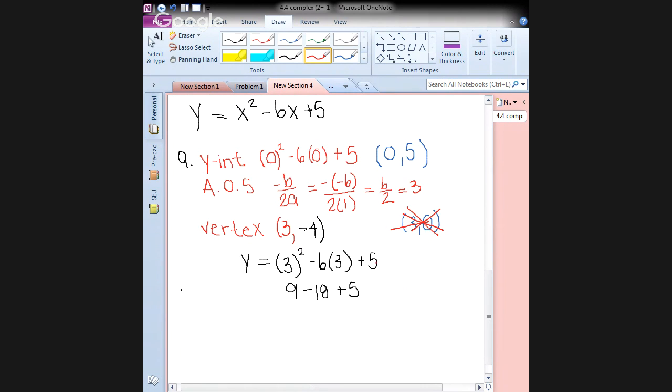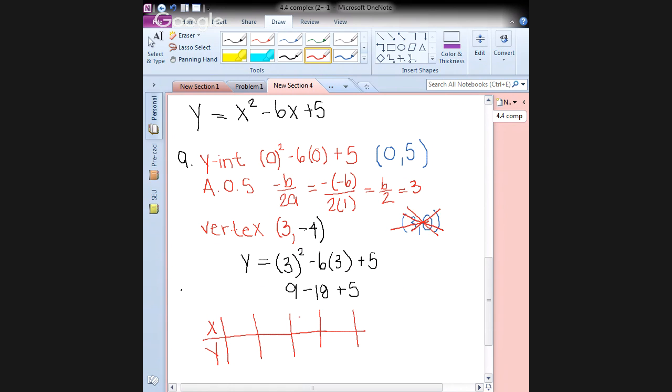Now that I have all those parts, I can start graphing, but I probably need to create a table of values. So that's usually the next thing that they ask you for. So we'll create a table of values. I'm going to take my vertex and place that in the middle. I'm actually going to give us a little bit more values.